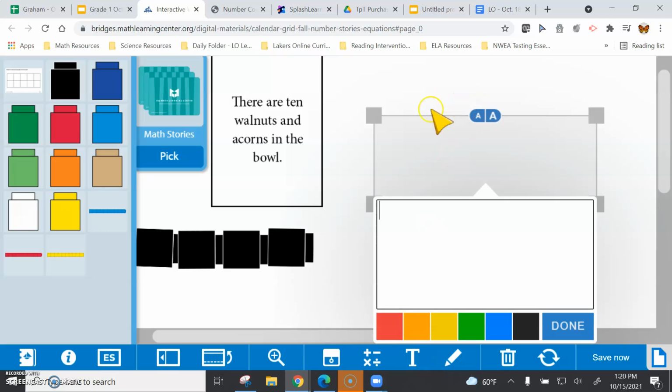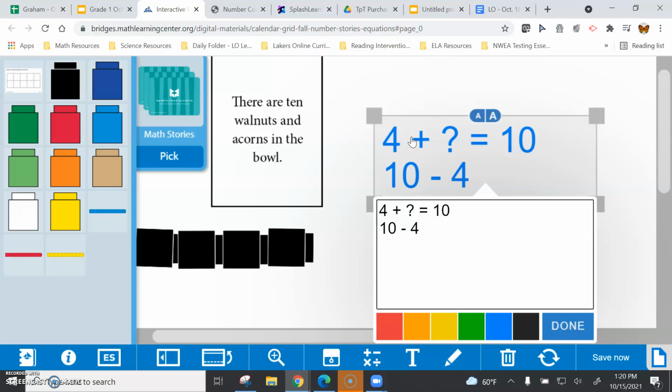And I want you to think about it this way. 4 plus something equals 10. Or you could say, you're trying to get to the number 10, and you already have 4. How many more do you need to get to that number 10?